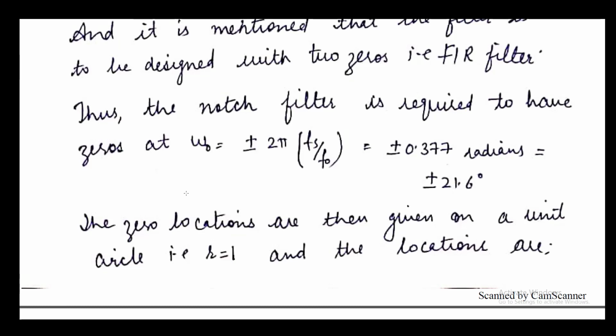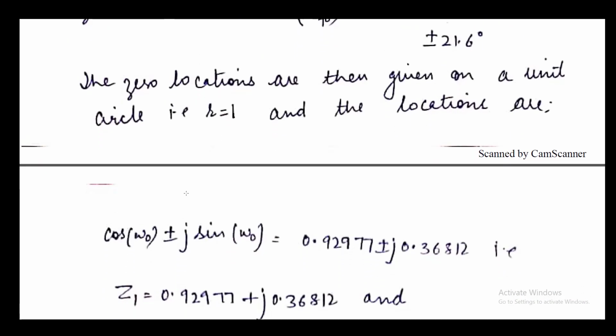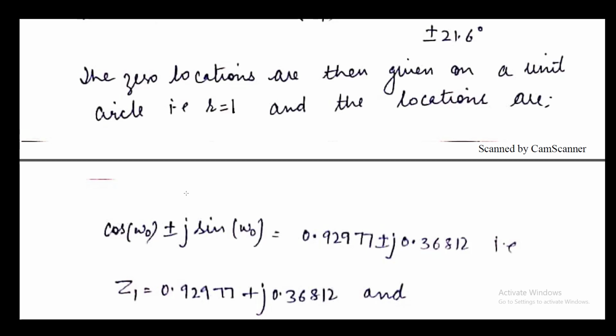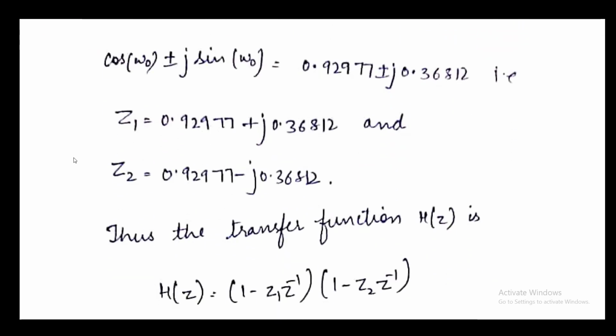Now, the zero locations are given on a unit circle, so we keep R equal to 1. The locations will be given by cos omega naught plus minus j sine omega naught, because R is 1 in our case.